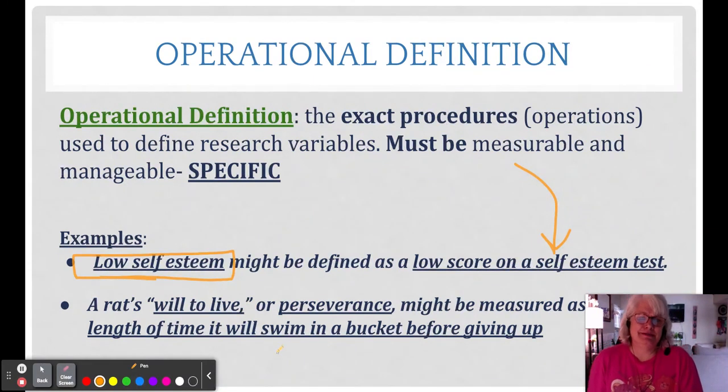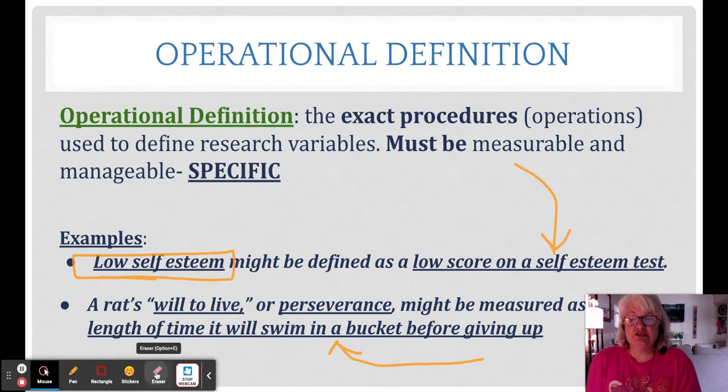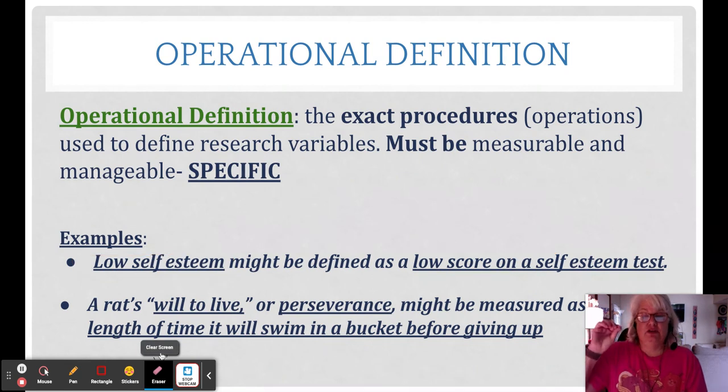So how do we actually measure a will to live? So maybe we look at how long it'll swim in a bucket before giving up. Gosh, that's terrible. I would not want to be that experimenter. But hopefully that kind of clears up what I mean by your variables have to be defined, both measurable and specific, okay?